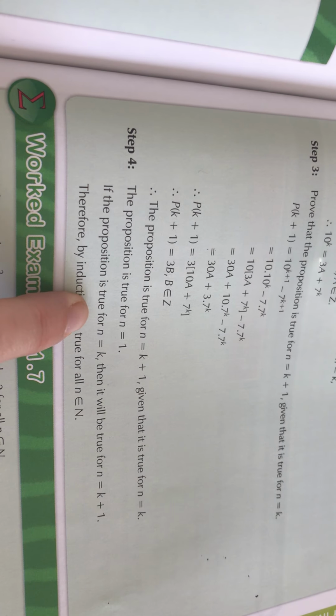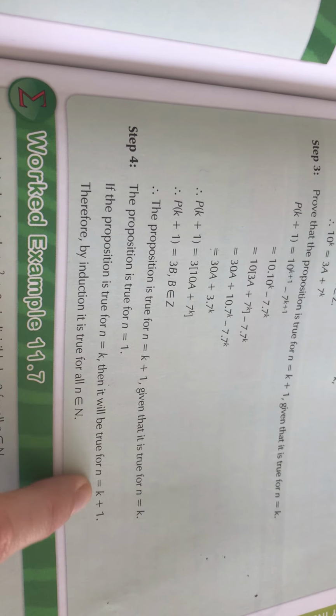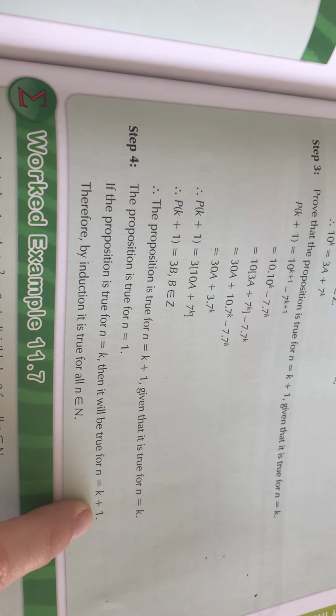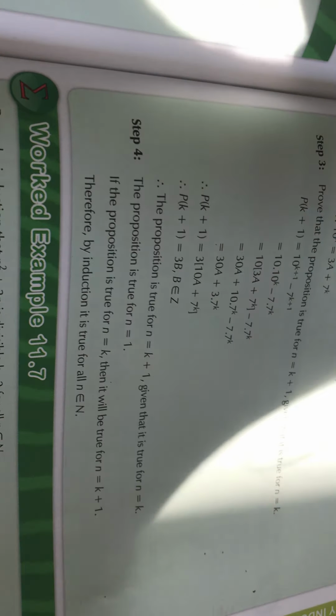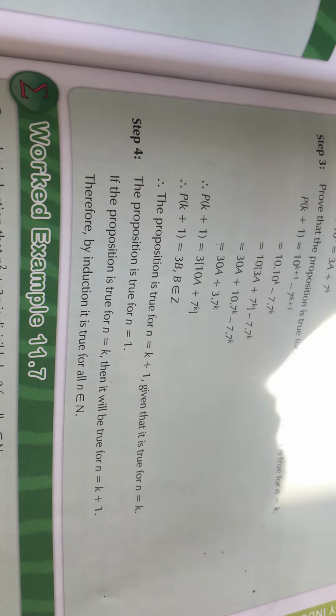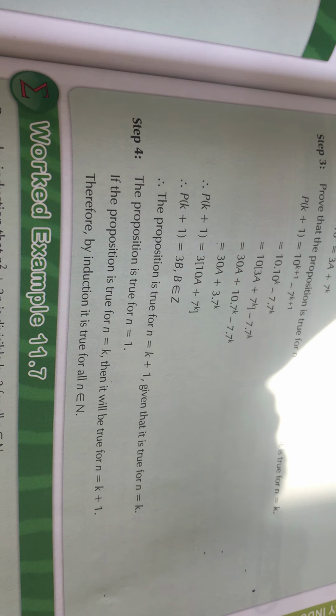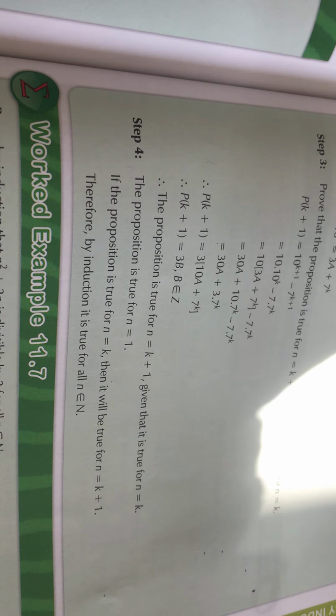If the proposition is true for n equal to k, then it will be true for n equal to k plus 1. Therefore, by induction, it is true for all n, an element of the natural numbers.